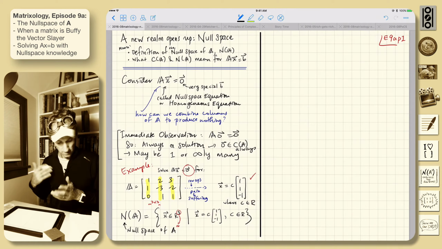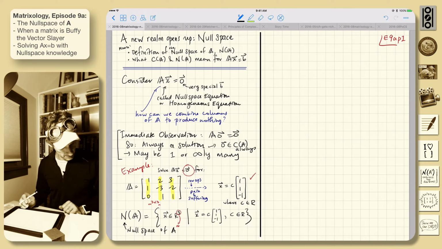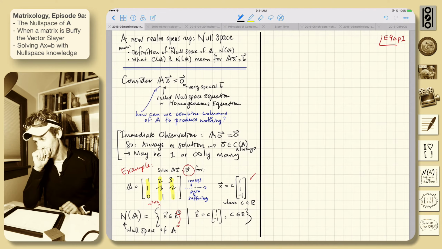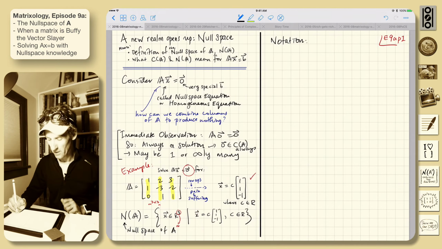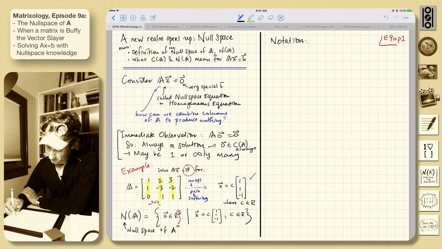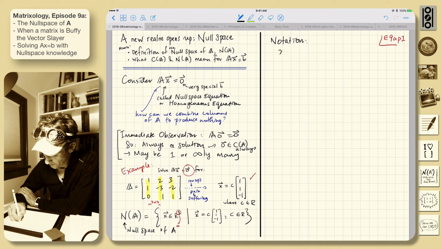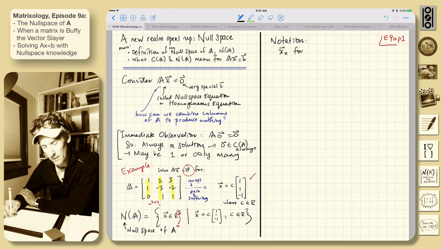So why does that matter? You'll see this notation. Notation is sometimes, I'll mention it, we'll put xn for a null space vector.